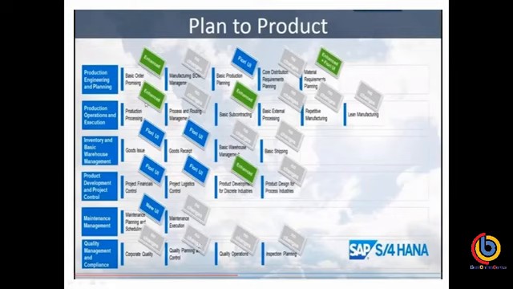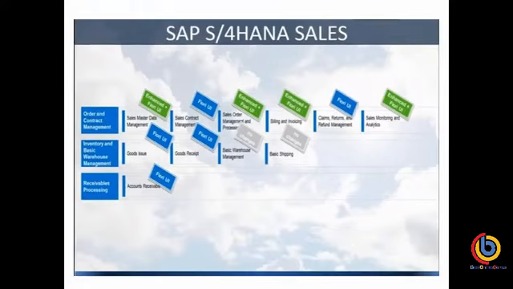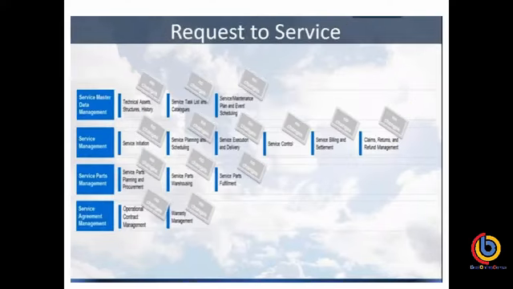Whatever is simplified, in the form of any process or module, we can see in green. Similar in sales. Now request to service, because customer service is not yet simplified, everything here is given in gray status.